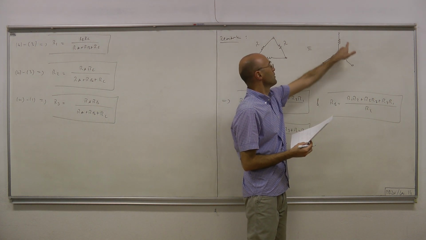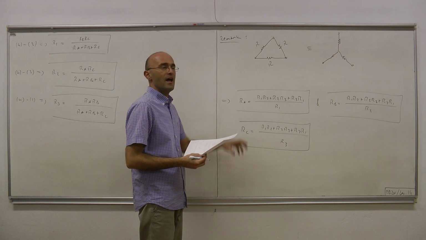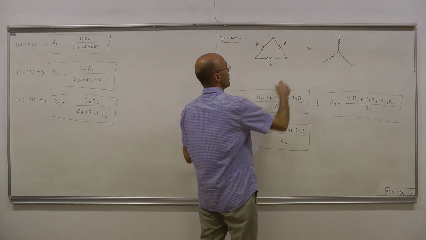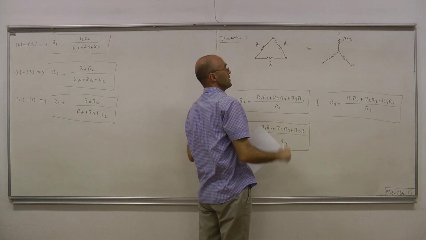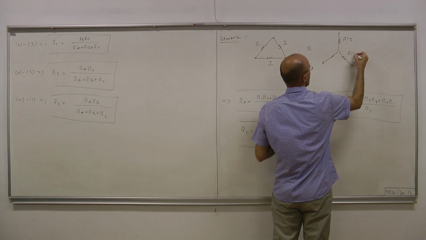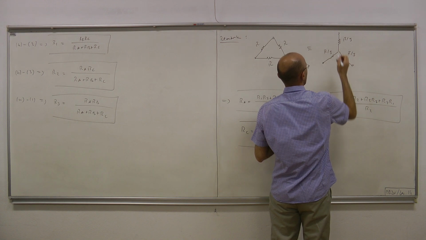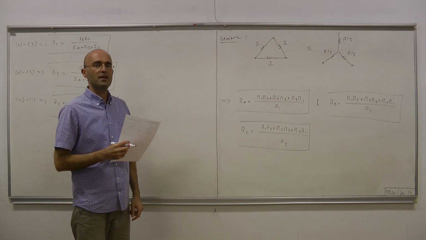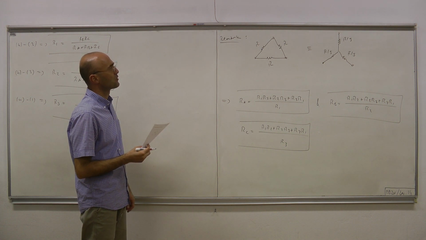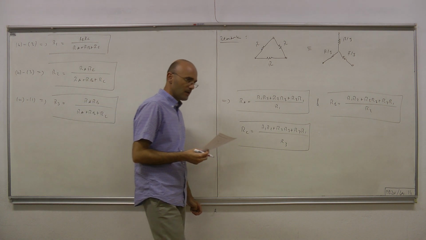So all these resistance values are equal to one another, and furthermore they equal 1/3 of the individual resistances here: R over 3, R over 3, and R over 3. This relation will be quite useful in 202 when we study balanced three-phase circuits.